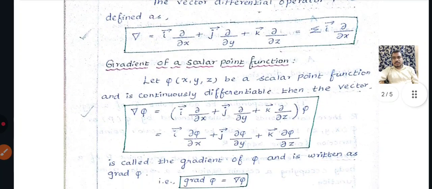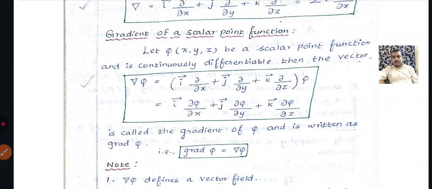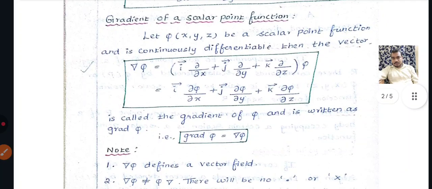Next the topic is gradient, the gradient of a scalar point function. Let pi of x comma y comma z be a scalar point function that is continuously differentiable. Then del pi is defined as i vector into dou by dou x plus j vector into dou by dou y plus k vector into dou by dou z of pi, which is equivalent to i vector into dou pi by dou x plus j vector into dou pi by dou y plus k vector into dou pi by dou z, which is called the gradient of pi.